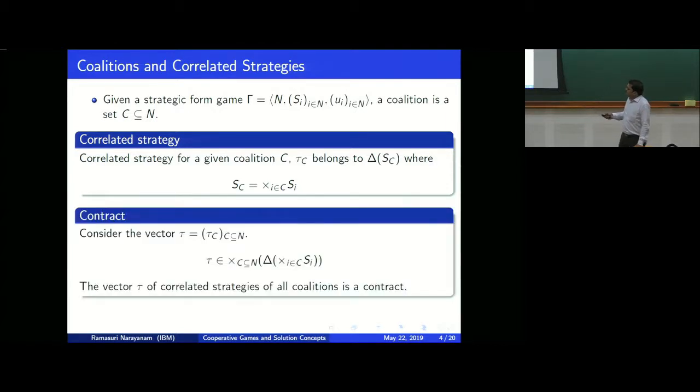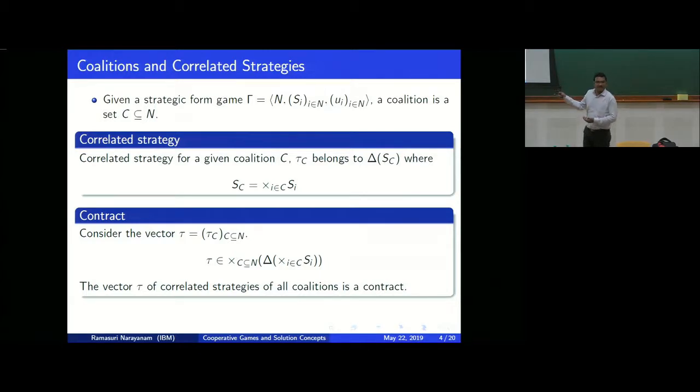Okay. So now we define something called a contract. It's just an extension of what we have defined, the correlated strategy for a given correlation. So if there are n players, there are 2 to the power of n possible subsets, right? So for every subset, you can define this correlated strategy, right? Now you write down the correlated strategies of all possible subsets as a profile, as a vector, called a contract.